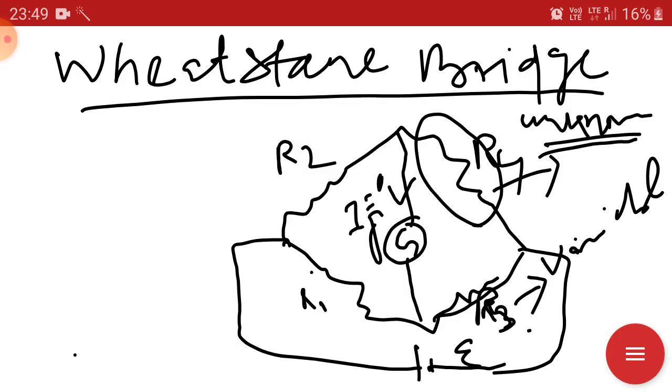Using this condition and Kirchhoff's rules, we will calculate the unknown resistor from this type of diagram.